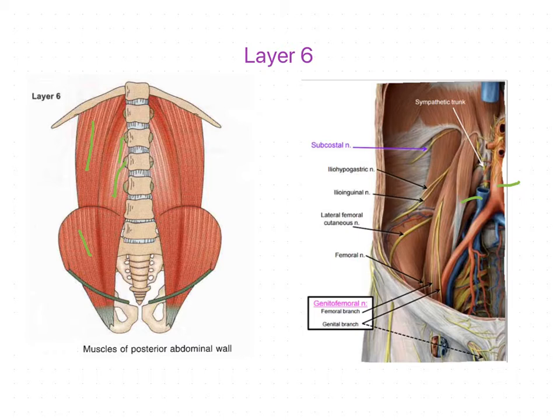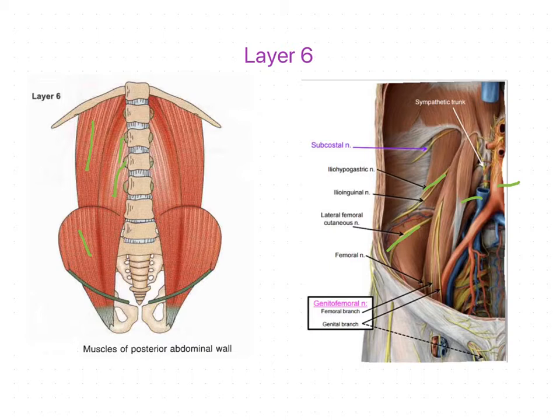These are the nerves of the lumbar plexus and its course. And then the sympathetic chain, the autonomic part of the abdomen, is also included in the sixth layer. So these structures are related to the sixth layer. All these are the layers of the abdomen.